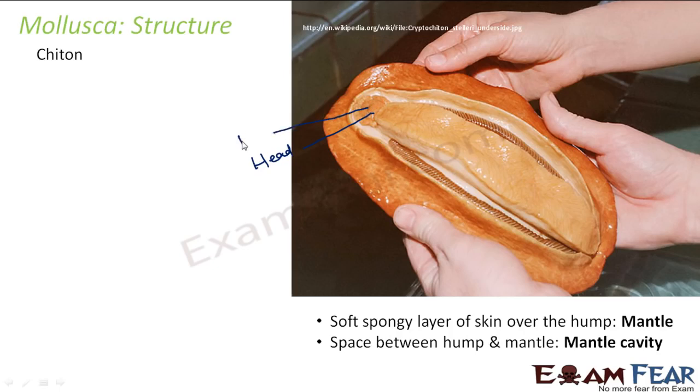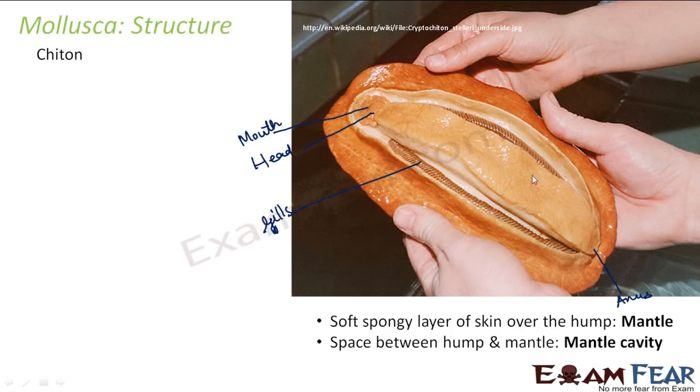That is the mouth. At the other end you have the anus, which helps in egestion. Here you see some structures present on both sides. These are the gills, which help in respiration.